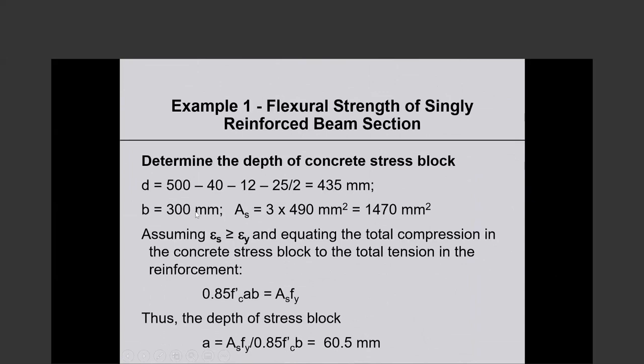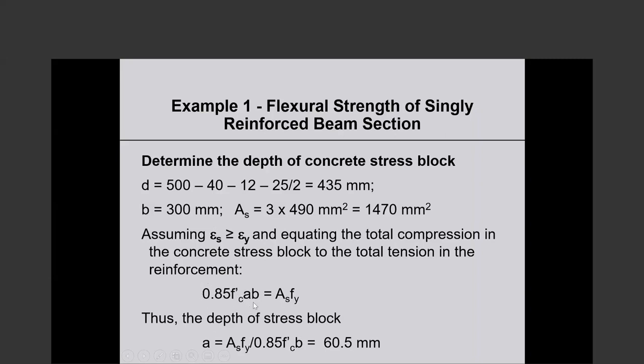The width of the beam is 300, and the three number 25 bars have a total cross-sectional area of 1470 square millimeters. Assuming that the tension reinforcement yields, this is our force equilibrium equation.